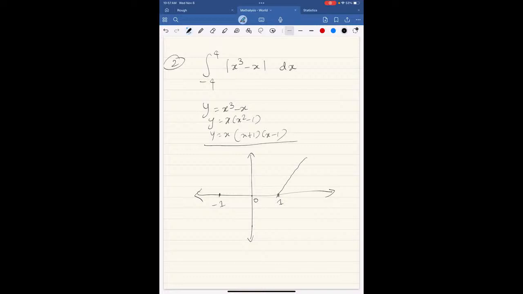And at 0, this is 0. And between 0 and 1, this is negative, right? Again, between 0 and -1, two of these quantities will be negative and one positive, so overall this will be positive. And beyond -1, all three will be negative. So that will go negative. So this is our graph, right?